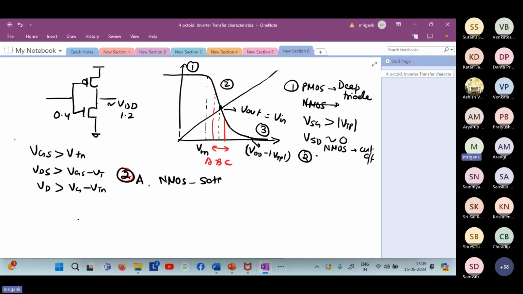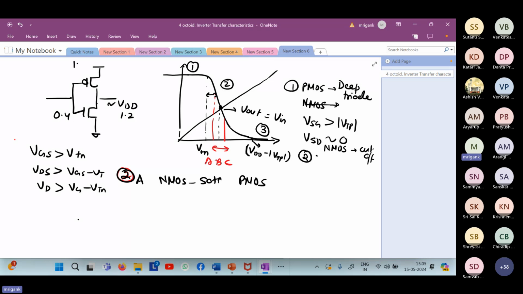What about the PMOS? In 2A, what is happening to the PMOS? 2A means this region, right? Triode. Normal triode. Still early on, the gate voltage for the PMOS in this region is still low.